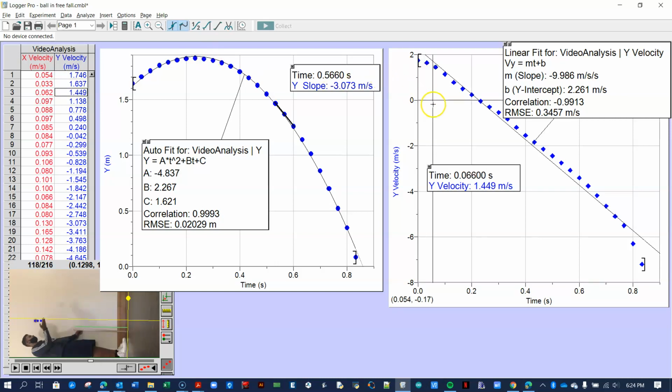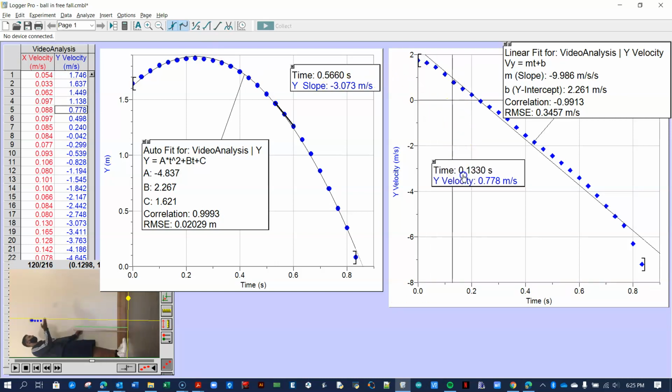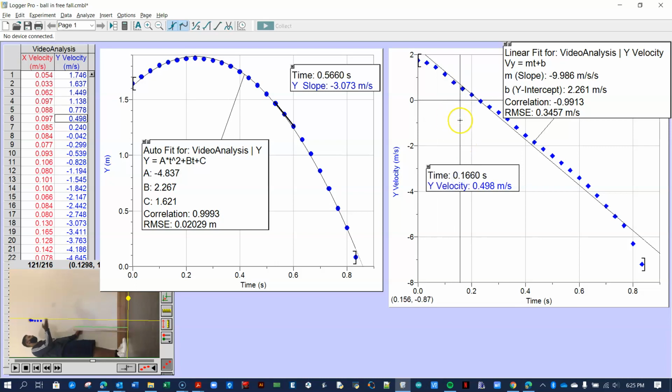And we can do the same over here. We can use the examine button to examine when it reaches about 0. It's in the same time, 0.233 seconds. It reaches that small speed, and over here, same time, same slope.